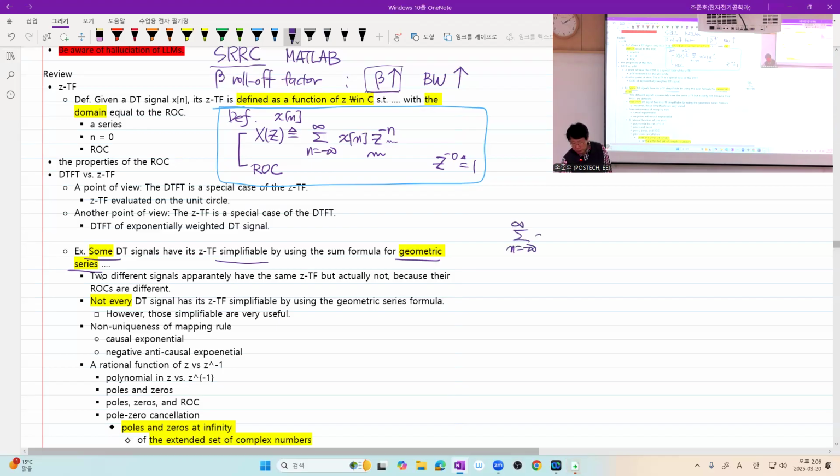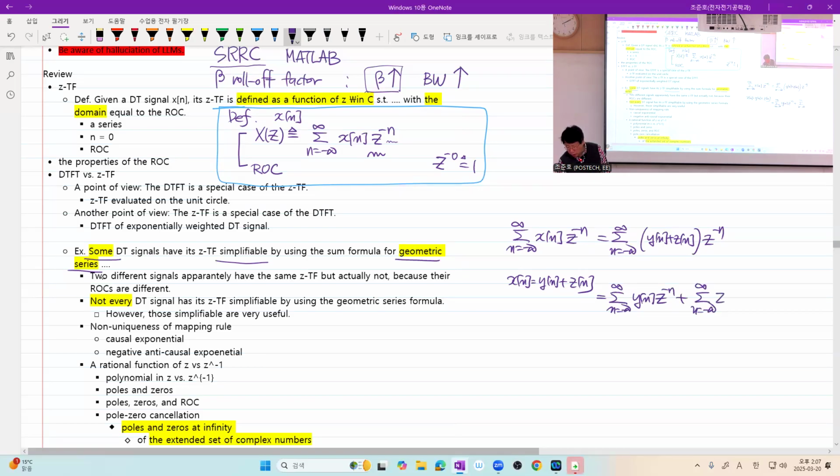Suppose you want to compute this infinite sum, and somehow you find x is the summation of two signals, y and z, and you are very tempted to replace x with y plus z, and to rewrite the infinite sum as the sum of two infinite sums.